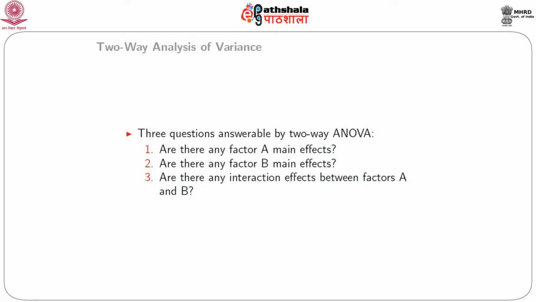It might strike you as odd, but when we answer these questions, we must start by answering question 3 first, and if the answer to that is no, only then can we answer questions 1 and 2. If the answer to question 3 is yes, that is, we have interaction between A and B, then it is not possible to conclude anything about the main effects due to A and B separately.